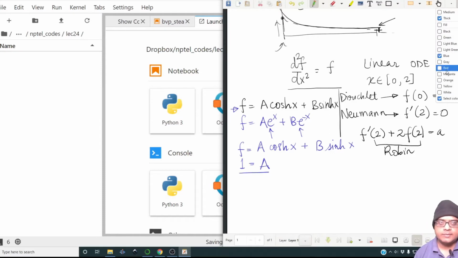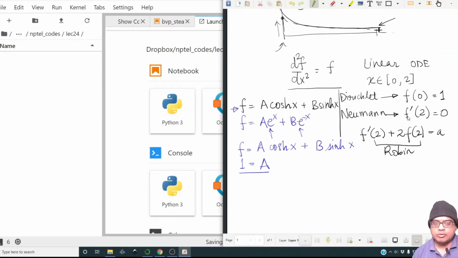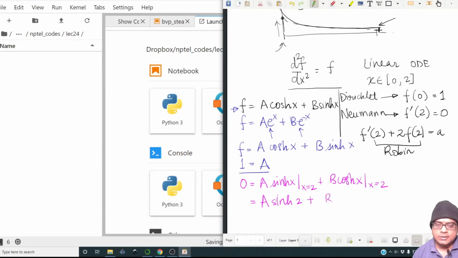And similarly, using the Neumann boundary condition, what do we have? 0 equal to a sinh x at x equal to 2 plus b cosh x at x equal to 2. This becomes a sinh 2 plus b cosh 2, and a is already equal to 1, and this implies b is equal to minus sinh 2 upon cosh 2.